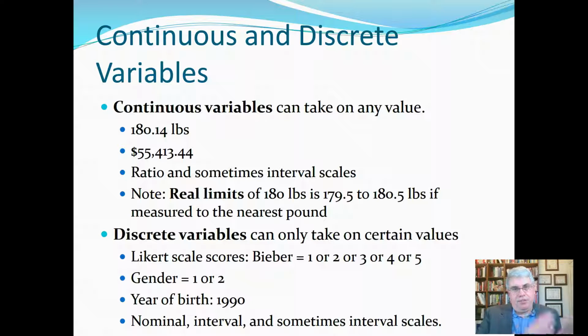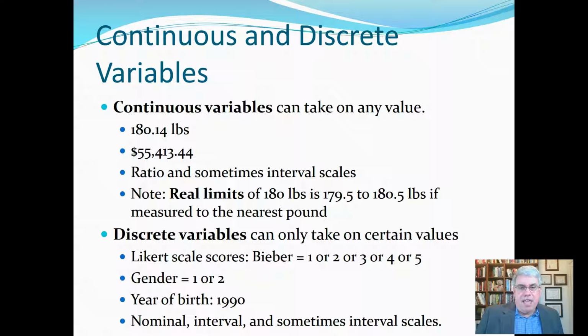We're not limited to just 180 pounds or 181 pounds. Money can be measured as accurately as we want, $55,413.44. And so these are typically ratio scales and interval scales. The nominal and ordinal can't be continuous variables. So those are continuous variables.